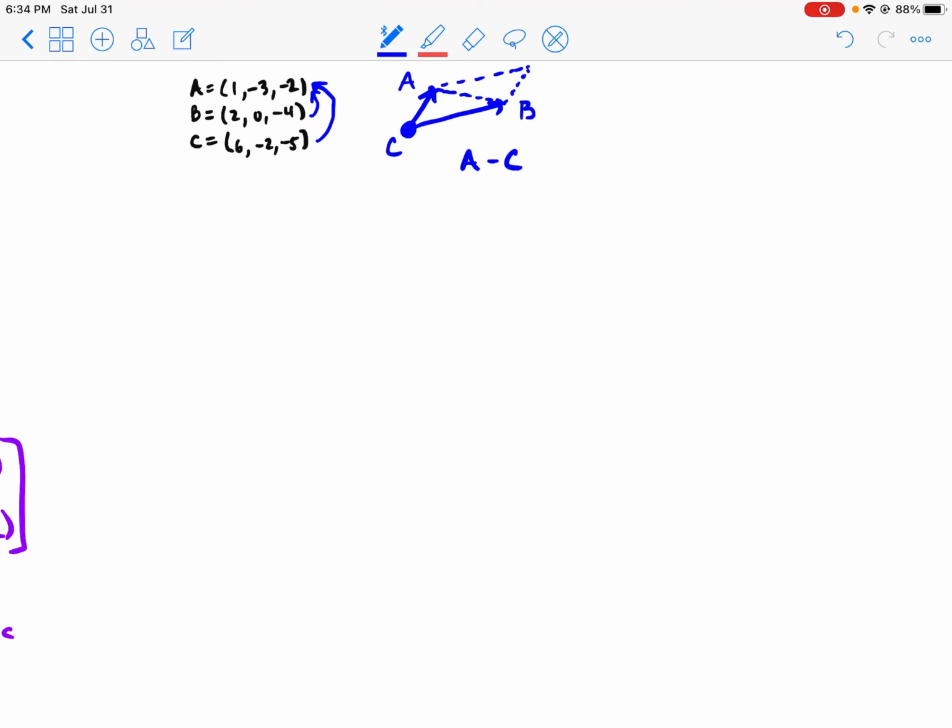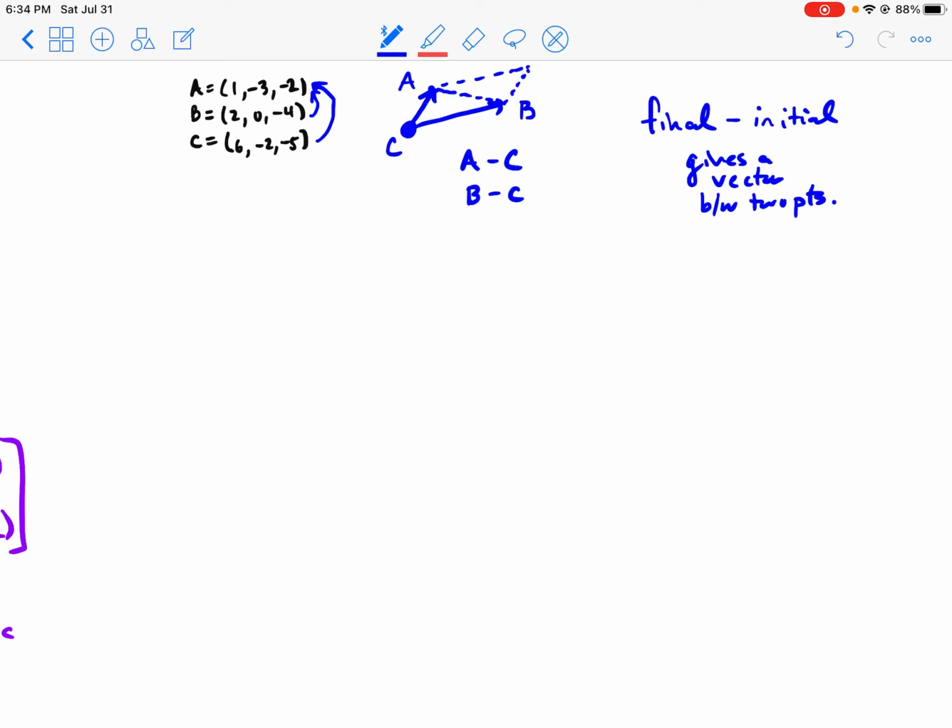So I would do A minus C and B minus C, final minus initial. This is what I always think to myself, final minus initial, in order, gives a vector between 2 points. Okay. So why don't we do that?